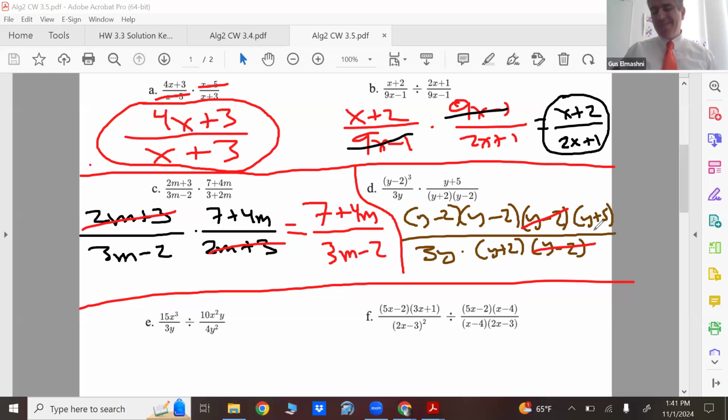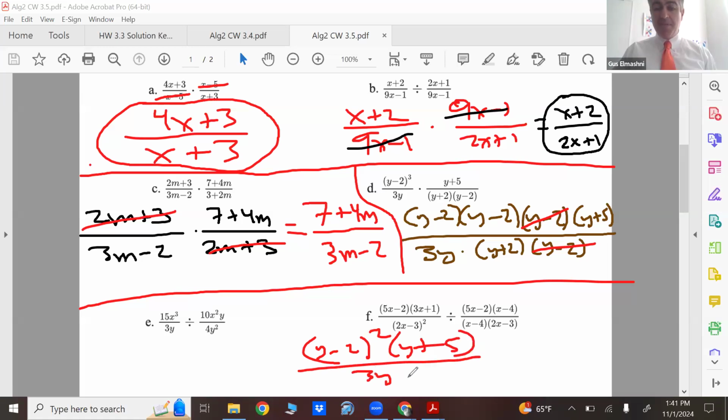If you want to condense it a bit further, I suppose you could say y minus 2 squared, y plus 5 over 3y plus 2. If you want to, you could. I don't care. But at the very least, we have to cross off the y minus 2 from the top and bottom.